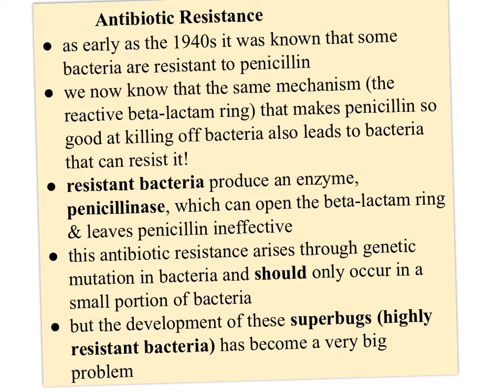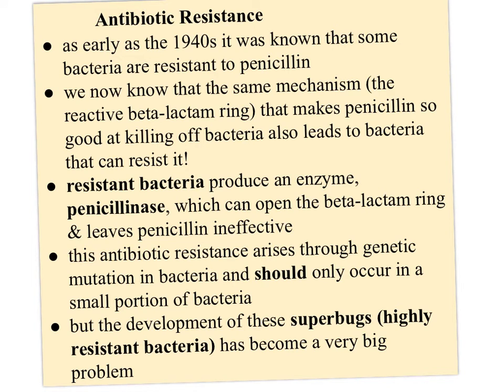Resistant bacteria produce an enzyme called penicillinase, which can open the beta-lactam ring before the penicillin does it to the bacteria's enzyme. So it kind of turns the tables on the penicillin. It opens up the ring, so now the penicillin cannot bind to the enzyme and render the bacteria with a weak cell wall.